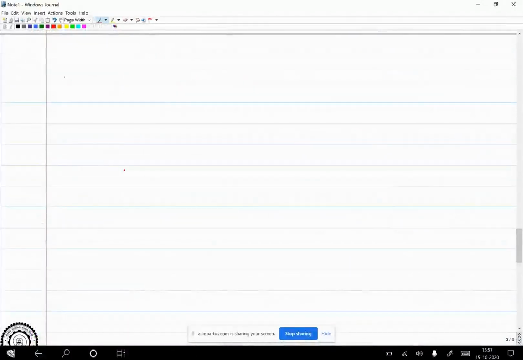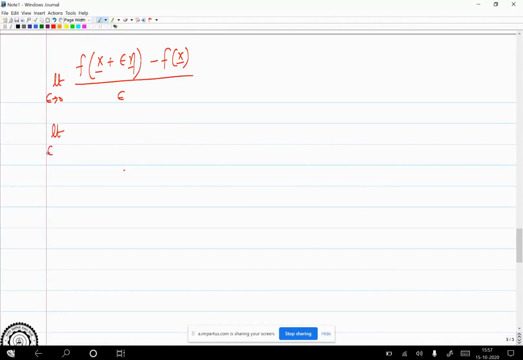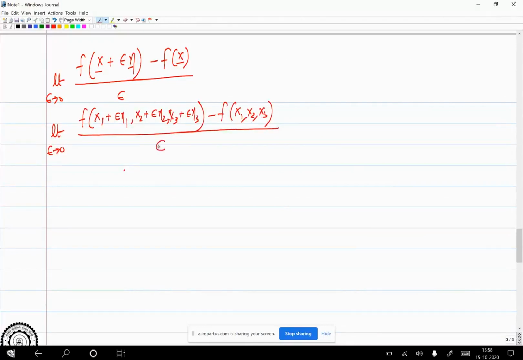So the left hand side was limit epsilon tending to 0, f of x plus epsilon eta minus f of x divided by epsilon, okay, which is same as limit epsilon tending to 0, f of x1 plus epsilon eta 1 comma x2 plus epsilon eta 2 comma x3 plus epsilon eta 3 minus f of x1 x2 x3 divided by epsilon, okay.